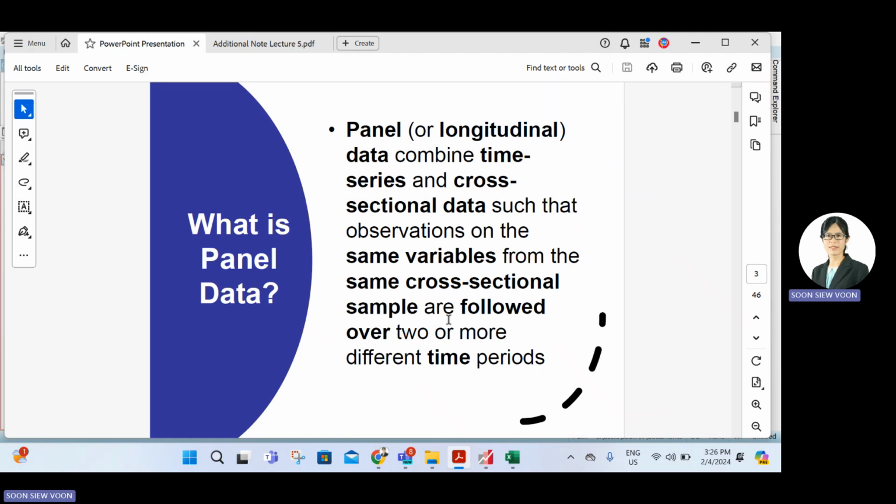For example, just now I focused on Malaysia. If I focus on the money demand for Asian 5, if I want to estimate the money demand for the Asian 5 in a panel setting, I combine the time series and the cross-sectional data. So the same cross-sectional sample is followed over 2 or more time periods.